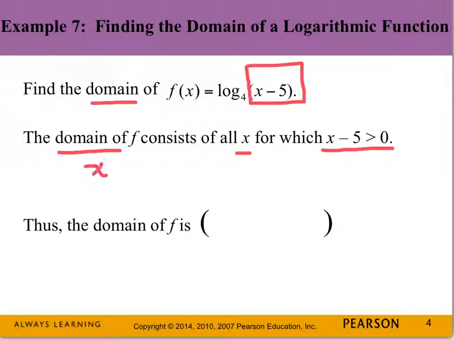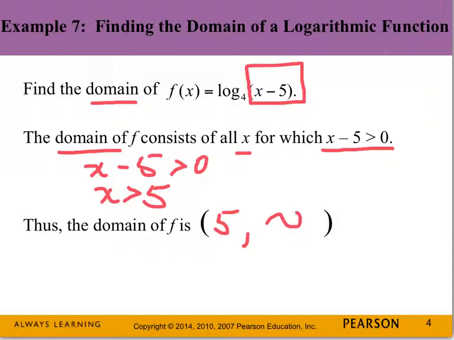So x minus 5 greater than 0, add 5 to both sides. X has to be something greater than 5 to satisfy the domain. So the domain is going to be from 5, not including 5, to positive infinity.